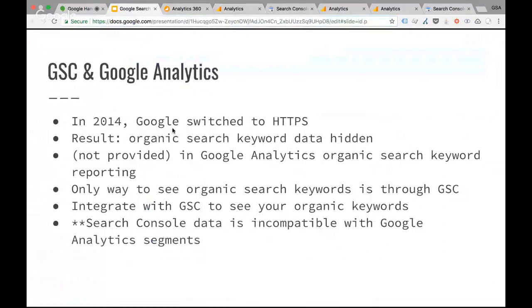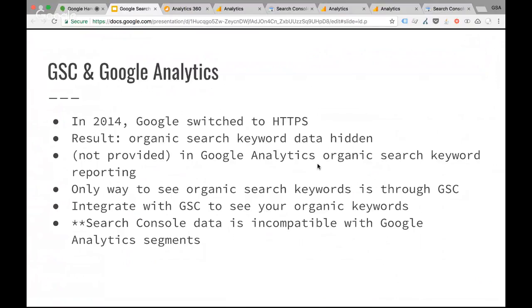That is because of Google switching to the HTTPS protocol in 2014. The only way to understand your organic search keywords is through Google Search Console. So that is why it's very important to use Google Search Console to understand the exact keyword queries that users are searching for in Google search results.